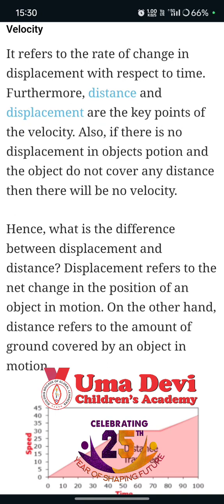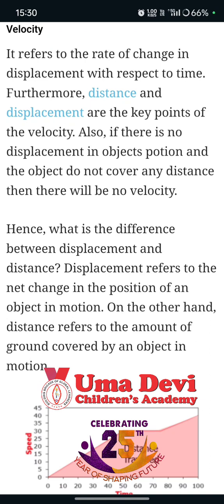Velocity is the extension of, we can say, speed. By speed we were able to know how fast or slow an object is. Now the velocity is what? It refers to the rate of change of displacement with respect to time.